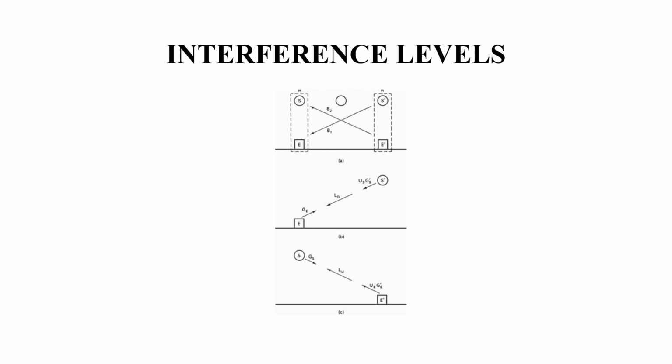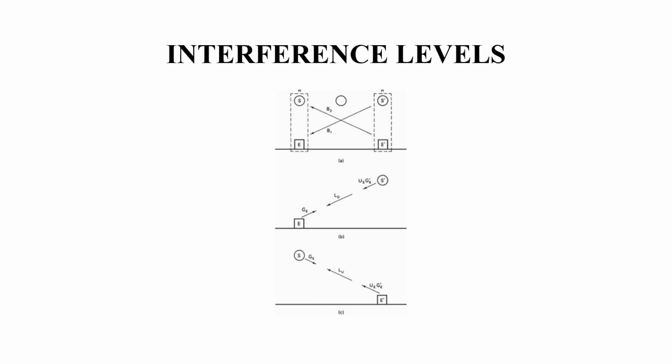So consider two networks of a satellite communication system. The first one is the satellite S and earth station E, and the second network is represented as S dash and E dash. The communication is established between these satellites. For the satellite S and earth station E network, the signal from the neighboring satellite as well as the neighboring earth station will be considered as interference.